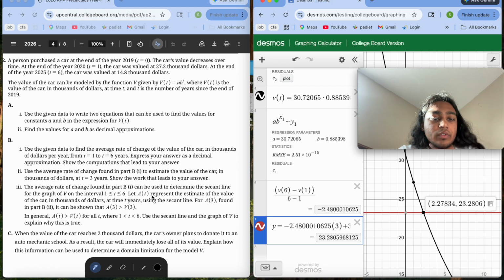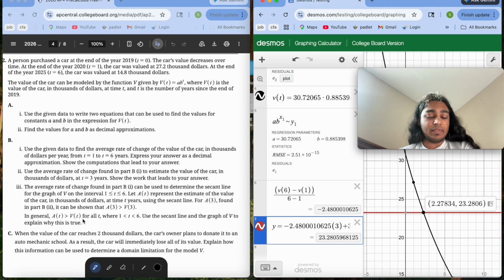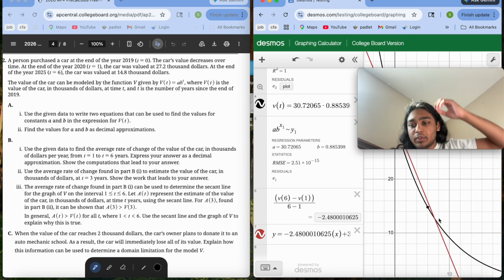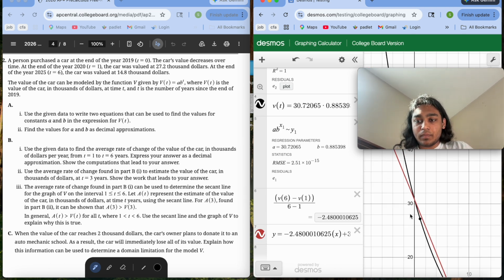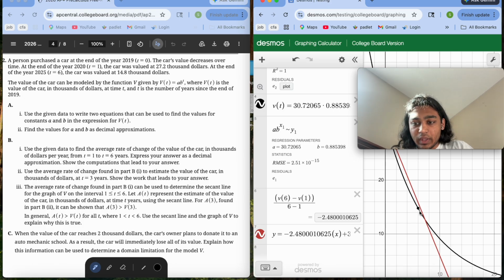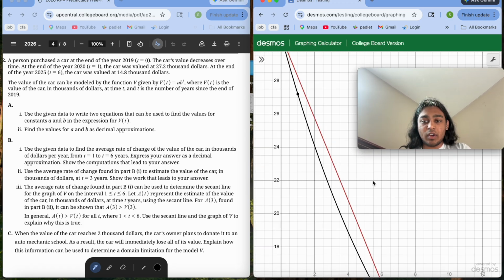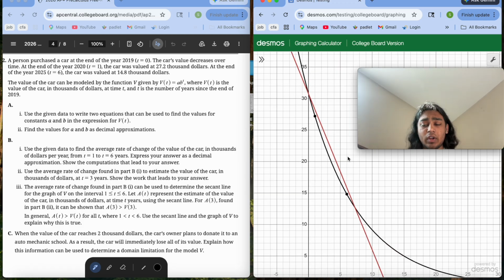The average rate of change found can be used to determine the secant line from there to there. Let A represent the estimate using the secant line. For A of 3, it's found that the estimate's always greater. Use the secant line in the graph to explain why. Okay, well, let's look at the secant line. Instead of 3, this is just x. Notice that between 0 over here and 6, our secant line is always above because our curve is concave down.